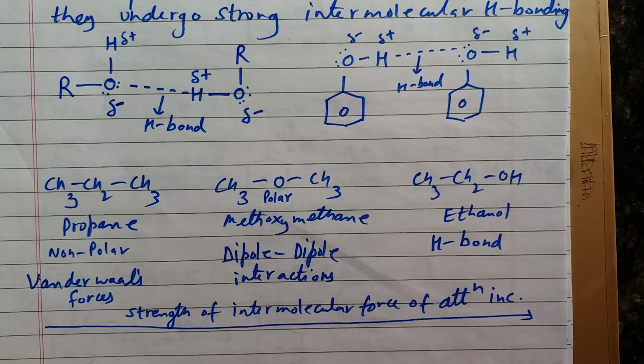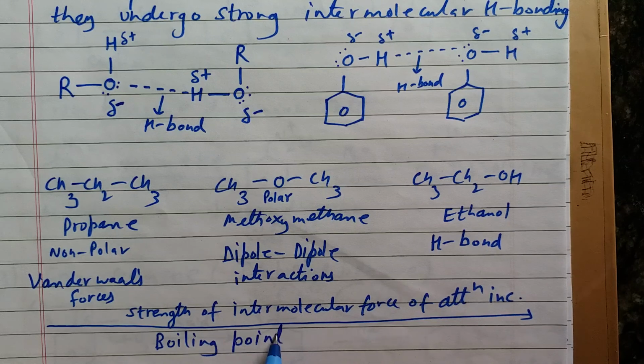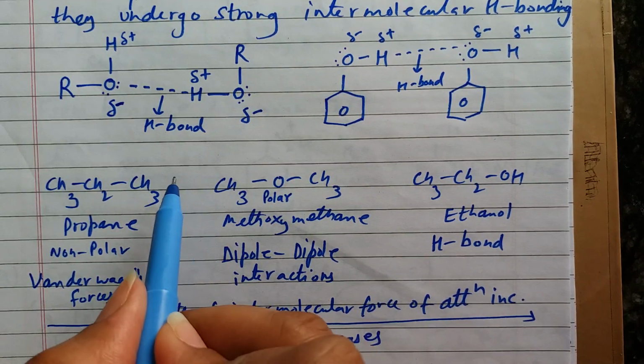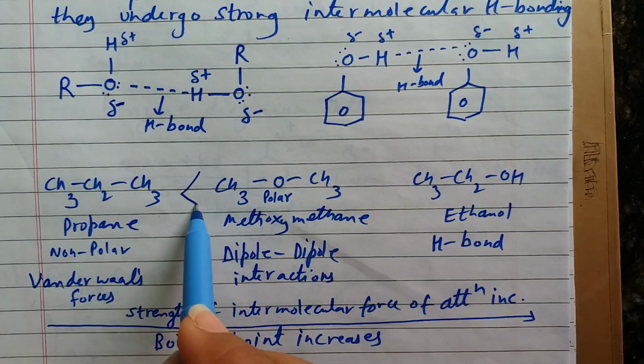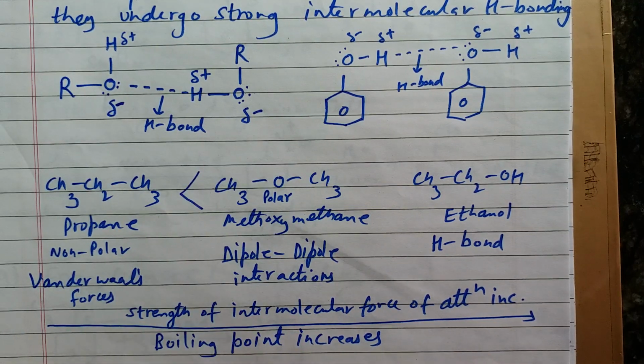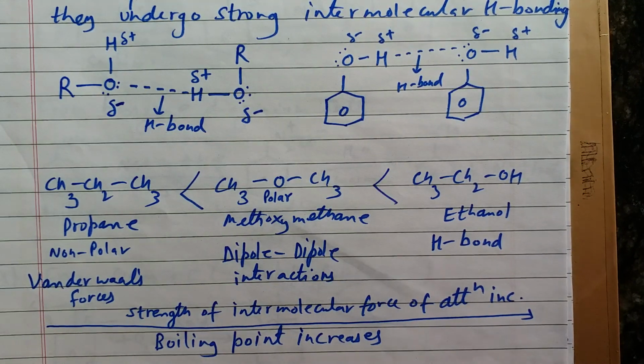And when the strength of the intermolecular force of attraction increases, the boiling point also increases. So I can say more than the hydrocarbon, ethers will have higher boiling points, and more than the ethers, alcohols will have the highest boiling point among the three, right?